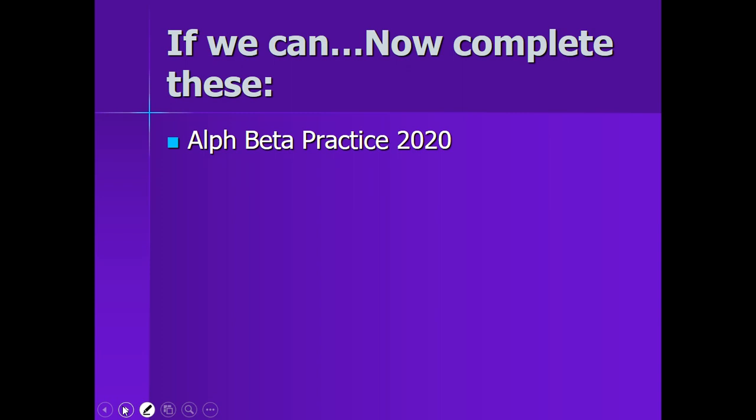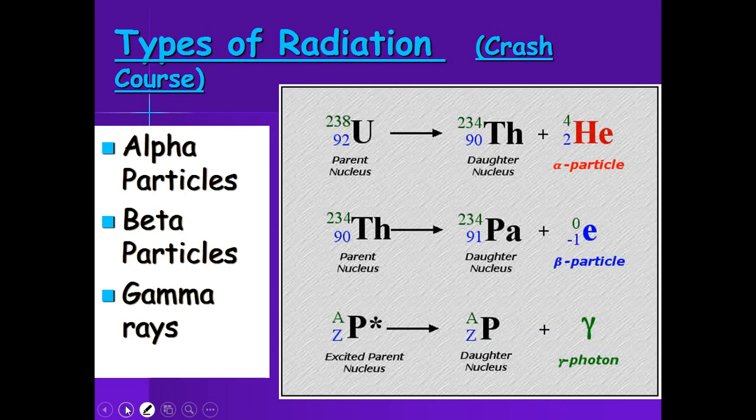We are ready for the alpha-beta practice. A little more information. The first one here is an alpha particle. With alpha particles, you emit or take away from the nucleus an alpha particle. You're going to take away 4 and 2. This one here, you're going to use in the same way as I did above.